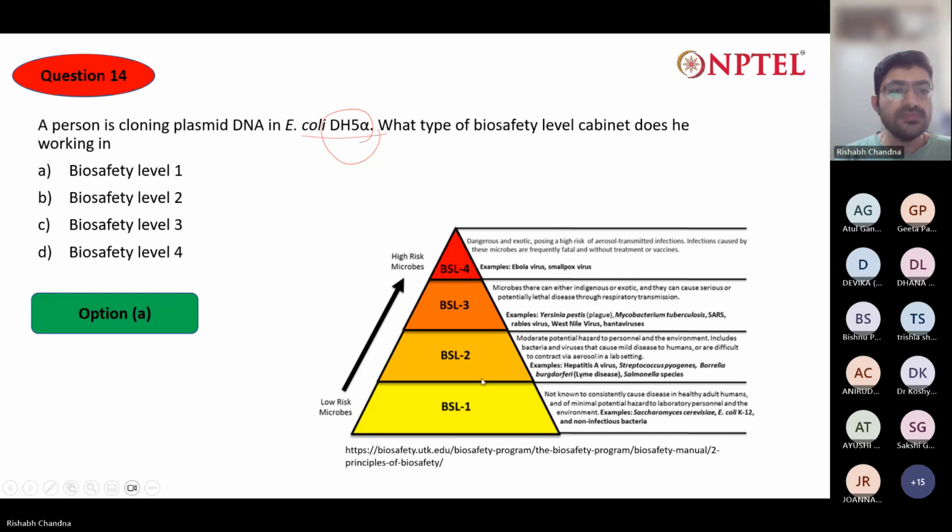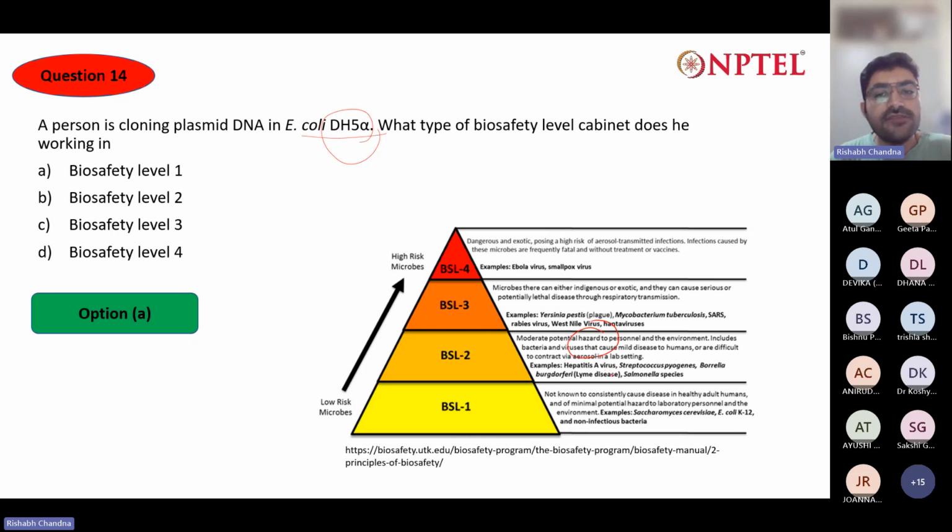In case of BSL2, the hazardous potential increases a bit. That's why it belongs to the next, higher category. These are organisms that are moderately hazardous to the personnel or the environment. Most of these things can be worked in BSL2.